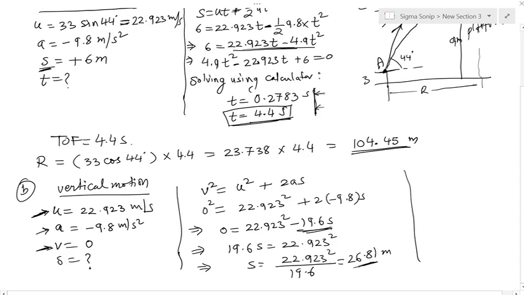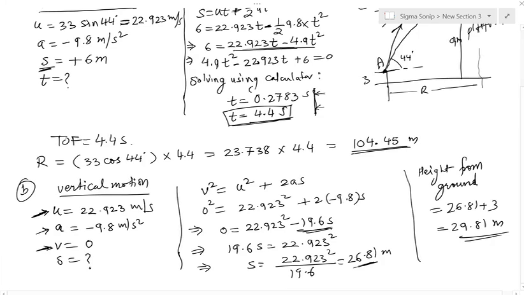So to find the height from the ground, we need to add the height of point A. Height from ground is equal to 26.81 plus 3, which is equal to 29.81 meters. That's the height of the highest point that the object reaches, and it's the height from the ground.